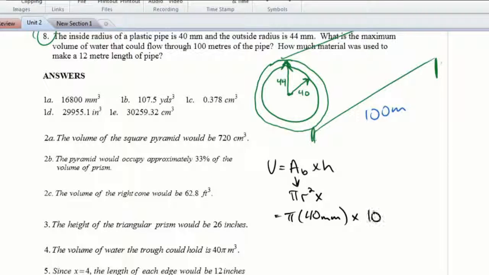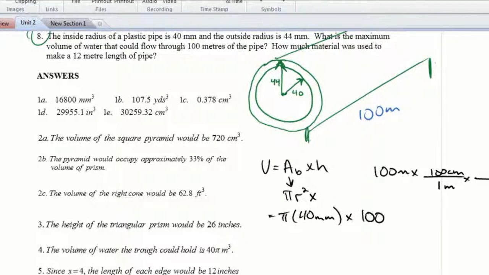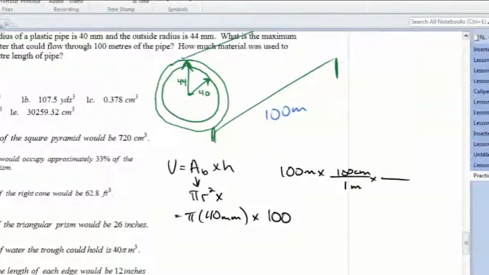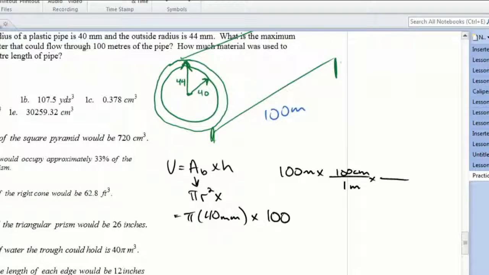I have 100 meters, and if we think about it, I can convert to centimeters first, I guess. There's 100 centimeters in a meter, and I want to get rid of meters. Centimeters on the bottom, millimeters.